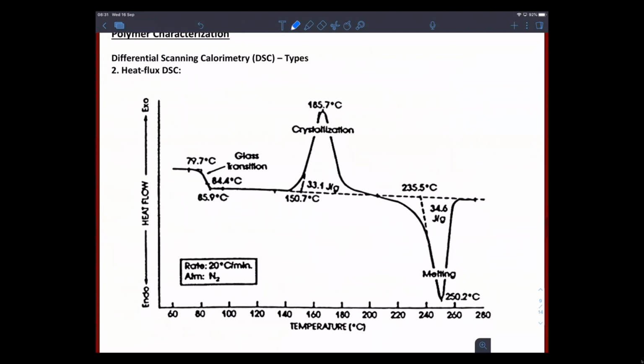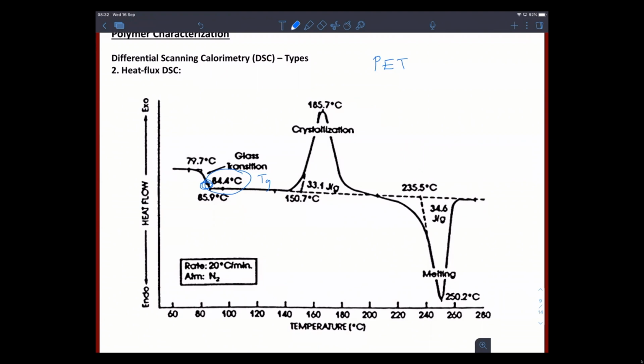So this is just an example specifically for PET. As you start to heat, we go through the glass transition. This is the TG here. It's not very clear on here, but it's this kind of center mark on our line.